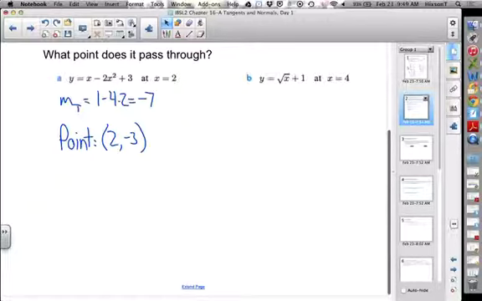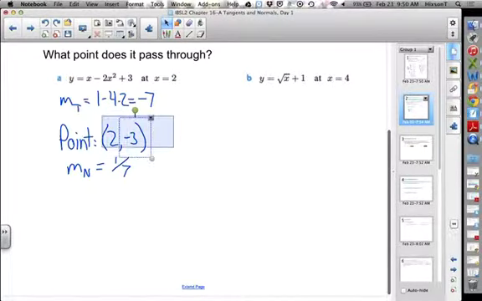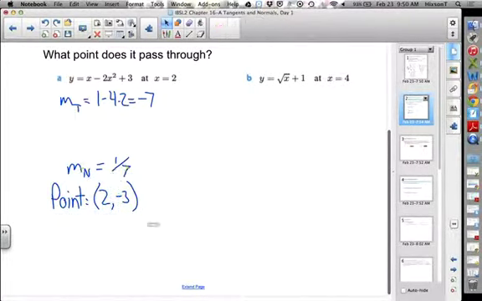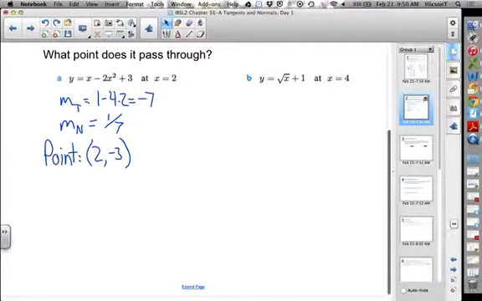So, like we said here, the slope of the normal line is a positive 1/7. Then it's a matter of finding the equation again. Okay? So again, whether you use point slope form or slope intercept form, you plug your values in and you can find your equation.